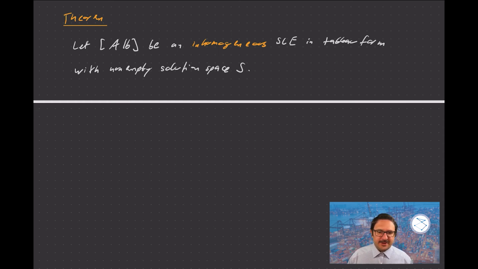What this theorem will tell us is there is a close relation between the solution spaces of inhomogeneous systems of linear equations and their homogeneous counterpart. So if you just replace the right-hand side by zeros, that's the corresponding homogeneous system of linear equations. And the solution space for the inhomogeneous case is almost the same as for the corresponding homogeneous system, but it might include a shift.